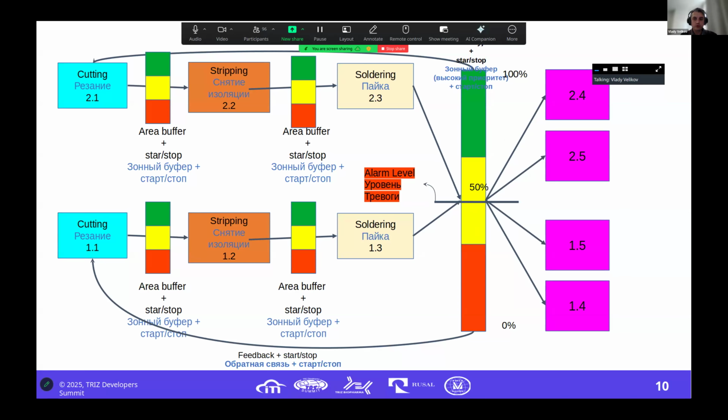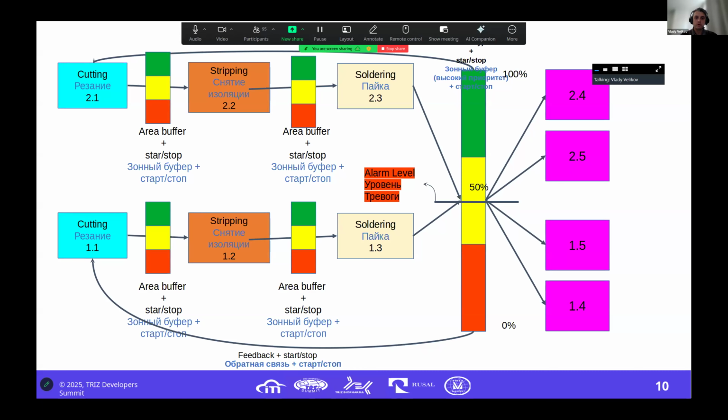Of course, here we create again a warning level at 50%. So when the buffer starts to be used and goes down to 50%, there is a problem. There is an alarm, and the line manager comes to see what is happening. Maybe some problem with a machine or operator or defects of cables, different reasons could be.